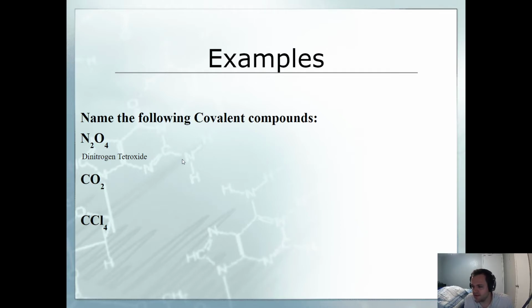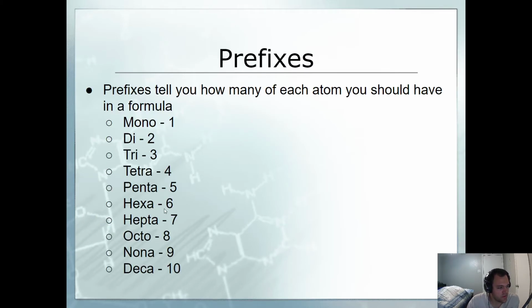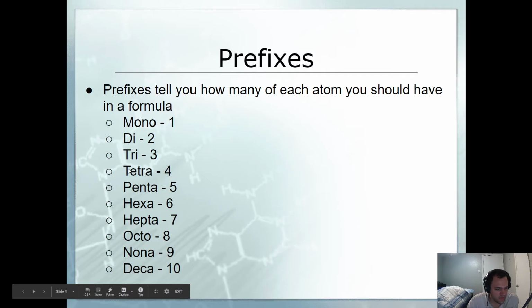There's a weird thing that happens with oxygen since it starts with a vowel, the O, and it's pretty much the only one you're going to have to worry about this with. When the prefix before oxygen is mono or tetra, or any of these ones that end in A or O, so mono, tetra, penta, hexa, hepta, octa, whatever, you're going to leave out the A or the O there.